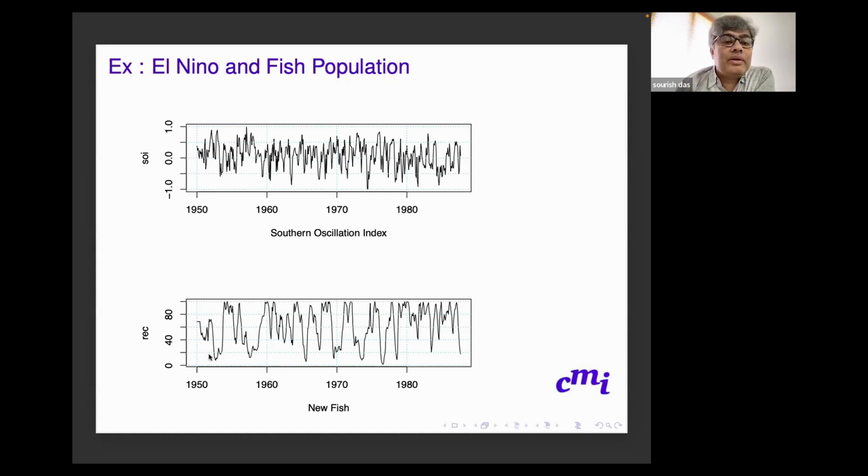This is separate. When the number of new fish goes up, it means the diversity in the ocean goes up. When the number of new fish is going down, the diversity goes down. And that is associated, obviously, with the climatic condition of the domain, of the area.